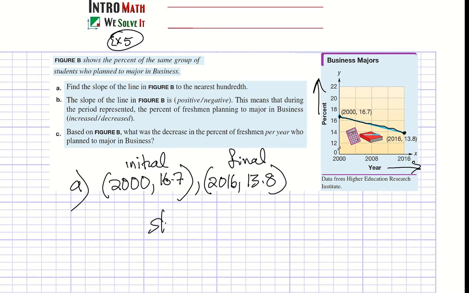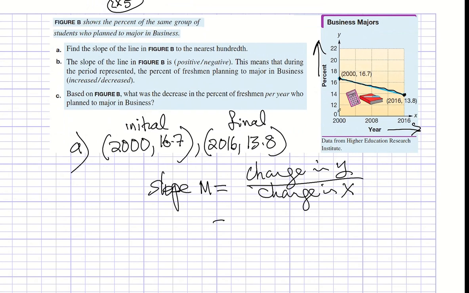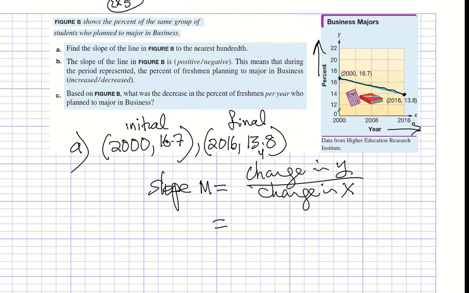Slope has to do with change: change in y over change in x. Change in y is, don't forget this is y, this is x, use the final one, 13.8, subtract the initial one, 16.7.